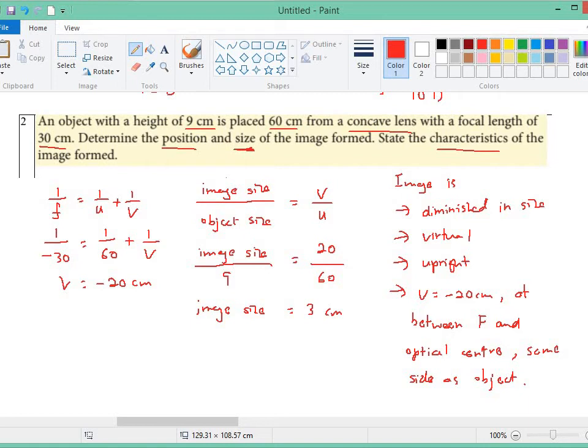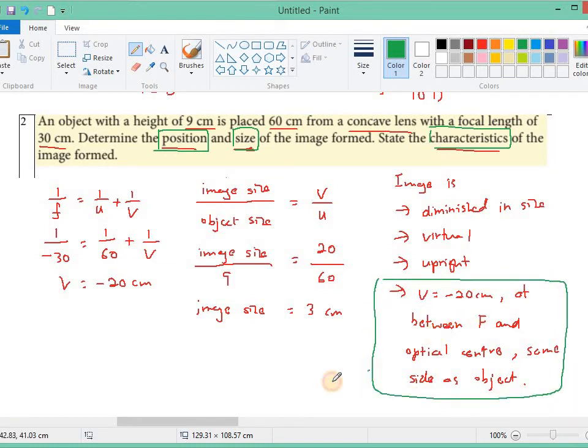It says determine position, so this is the position. They want us to determine the position, the size of the image, and the characteristic. So where is the position? This part is where we talk about the position. The answer for position. Answer for size, this one.